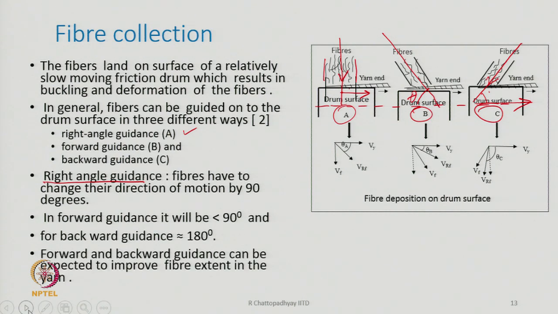Forward and backward guidance can be expected to improve the fiber extent in the yarn, and C is called the backward. Because of change in directions, there is a chance that they may be able to straighten out the fibers a bit and therefore improve the configuration of fibers.